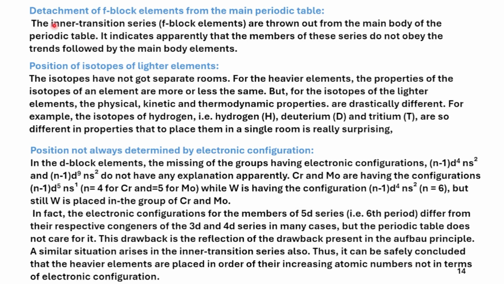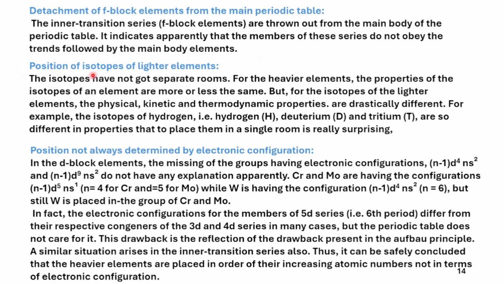Next one is the detachment of F block elements from the main periodic table. The inner transition series, that is the F block elements, are thrown out from the main body of the periodic table. It indicates apparently that the members of this series do not obey the trends followed by the main body elements.